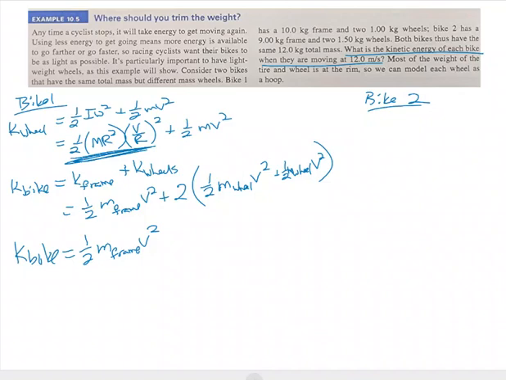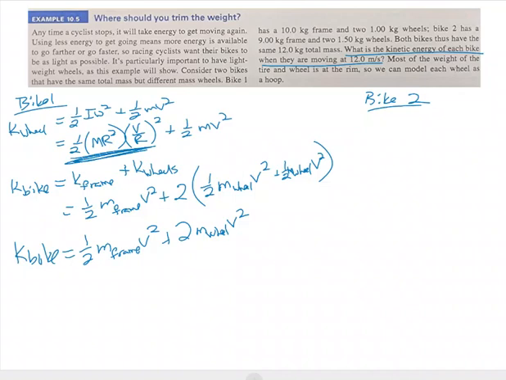So I'm going to have plus 2 mass of the wheel v squared. Wait a second. When you distribute the 2, it goes once into each, right? Oh yeah, never mind. Those are like terms.